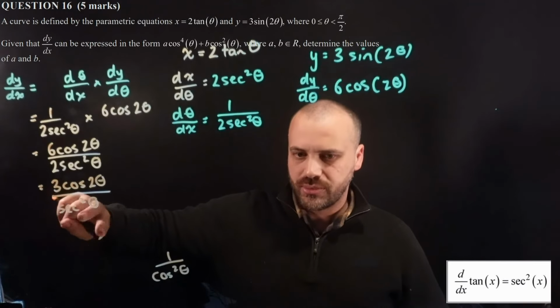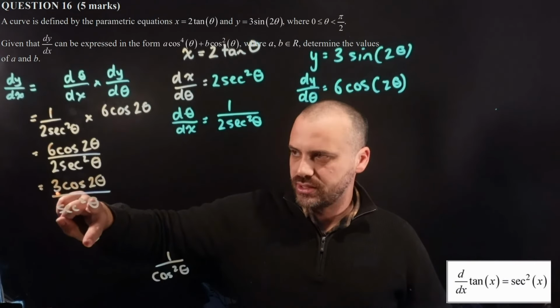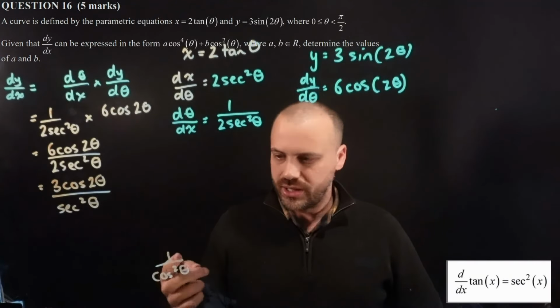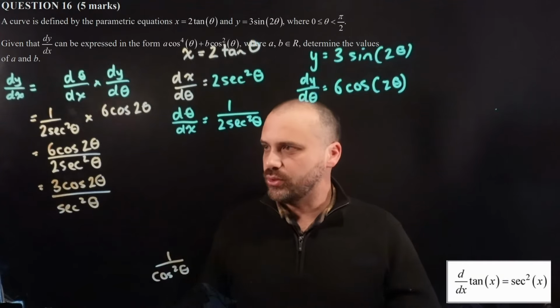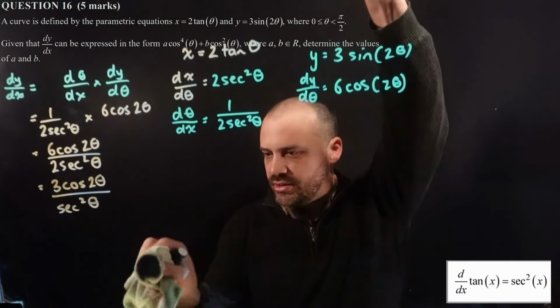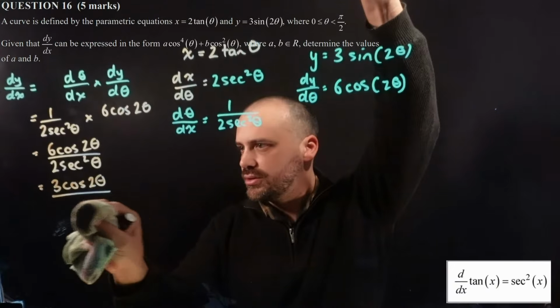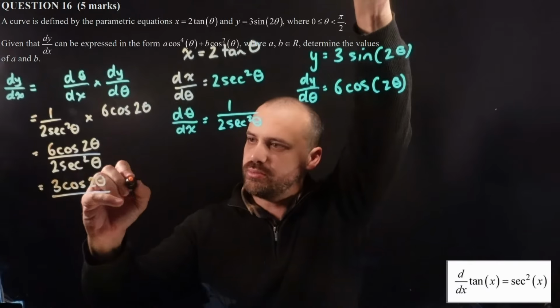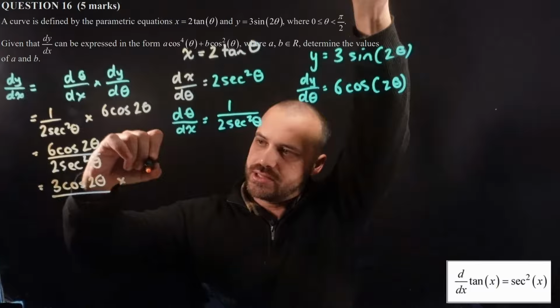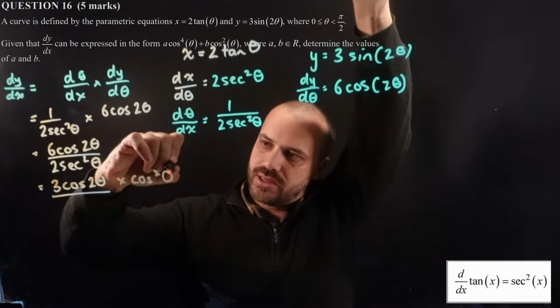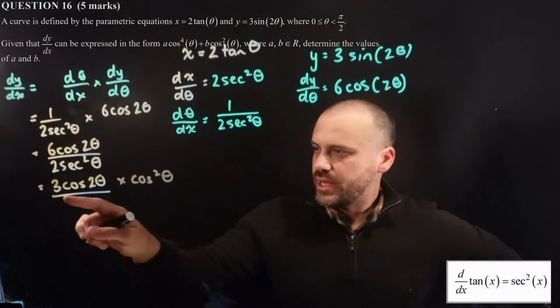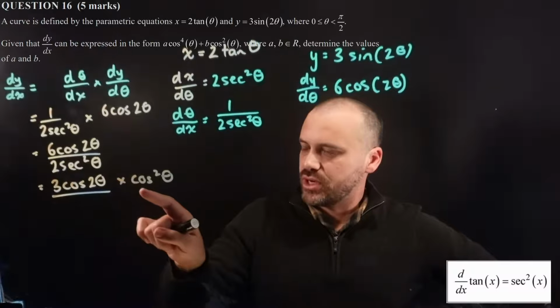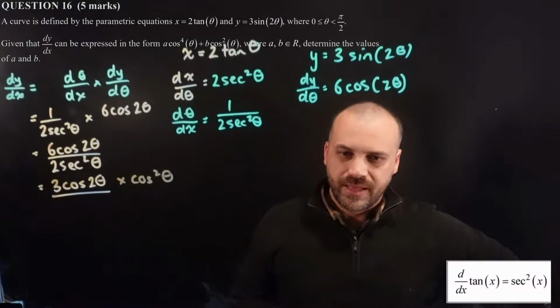If we're dividing by 1 over cos squared theta, that's the same as multiplying by cos squared theta. So all of that to say that this can now move to the top as cos squared theta. So we have 3 cos 2 theta times cos squared theta.